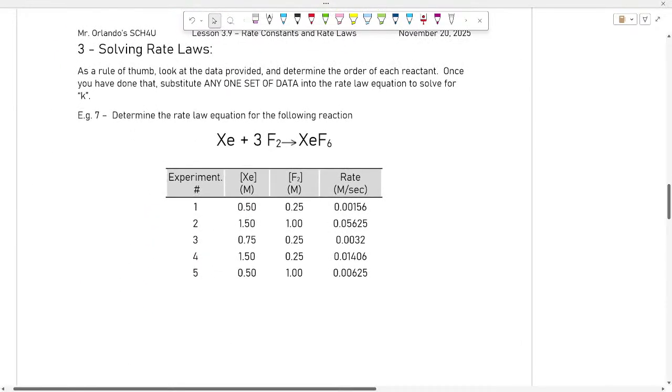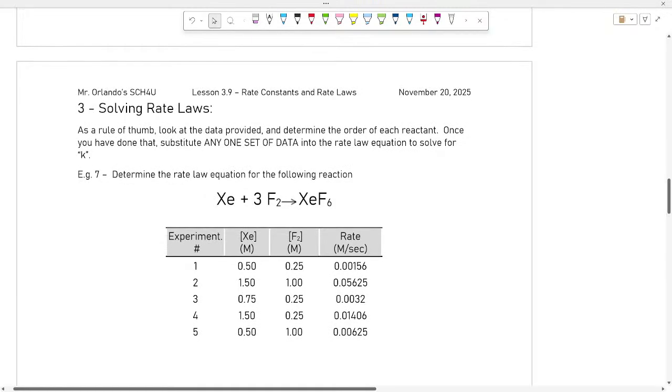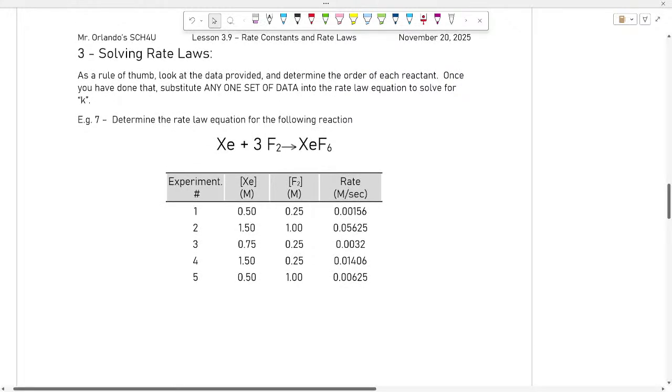And in this case, we're going to determine the rate law, but then we're also going to determine the value of K. Now this one kind of sucks. This would be exactly how not to do this, right? But I wanted to give you one where you just see, sometimes in the textbook, they don't do a nice job with it.